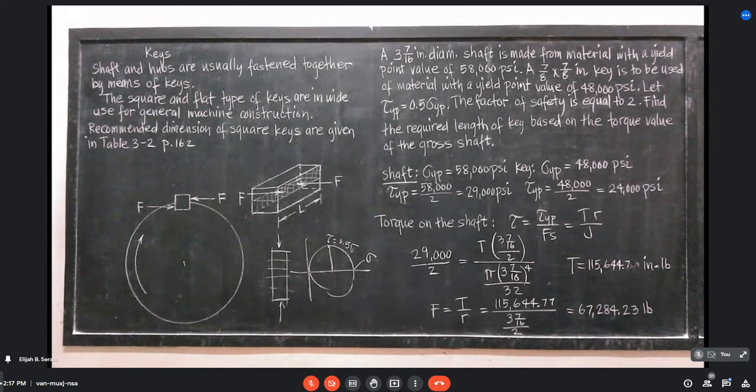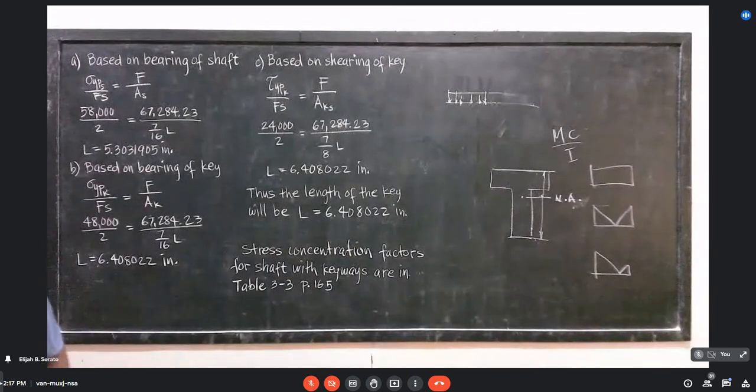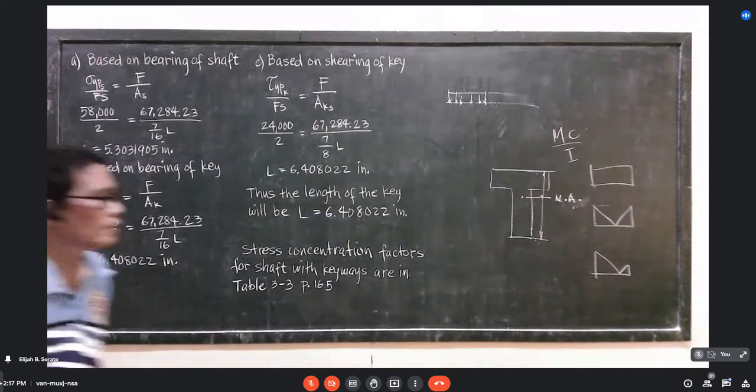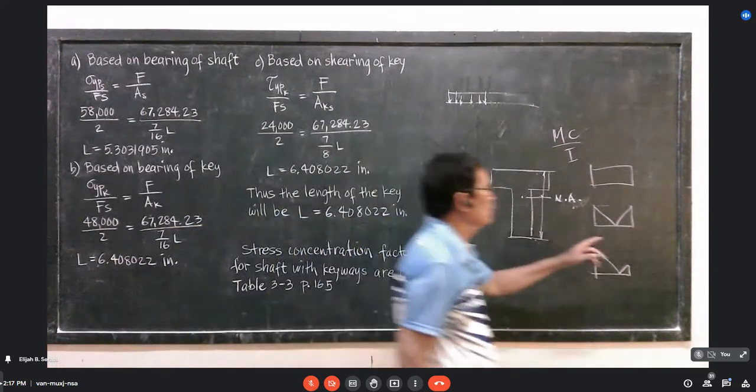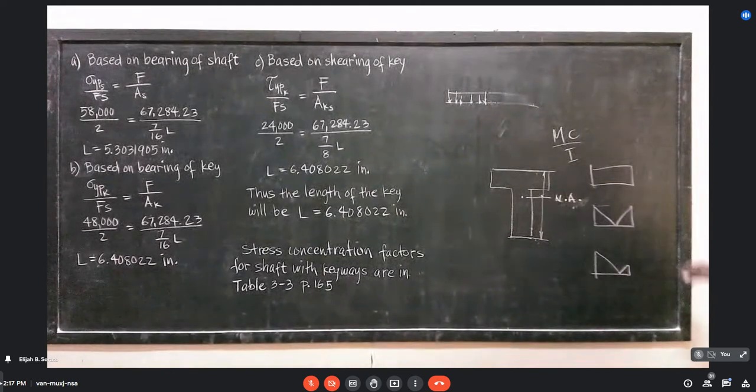Sir, pakita kami, sir. This is for the superposition. Atong naay kuan, it involves this one, and the final looks like this.